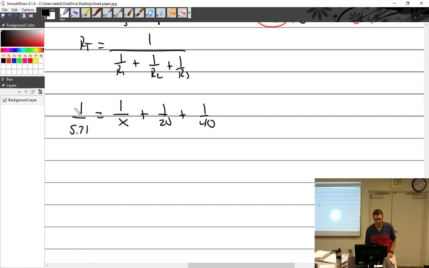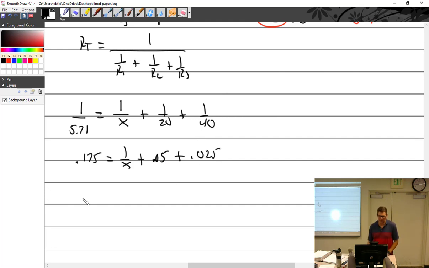Then solve. So 1 divided by 5.71 is 0.175 equals 1 over x, because we can't solve that, plus 0.05, plus 1 divided by 40 equals 0.025.